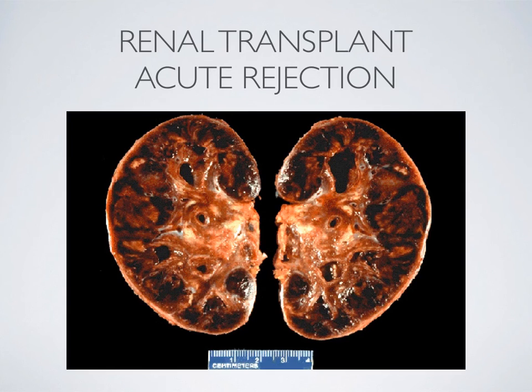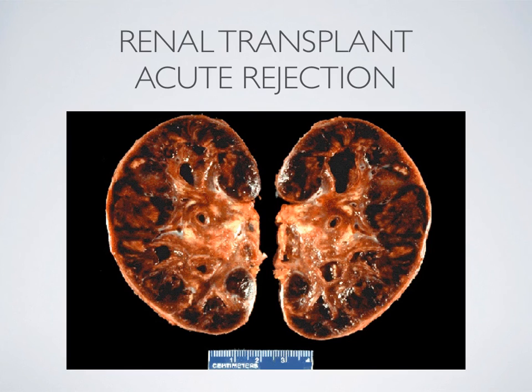But let's look at some pictures in the last few minutes of class. So here is a kidney that had to be removed because of acute rejection. And so here's the renal cortex, here's the calyx.